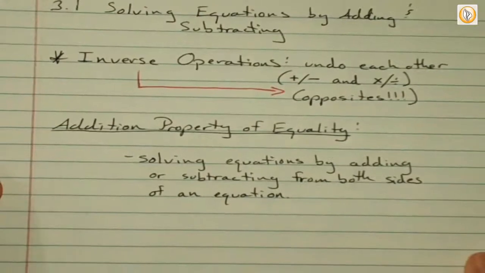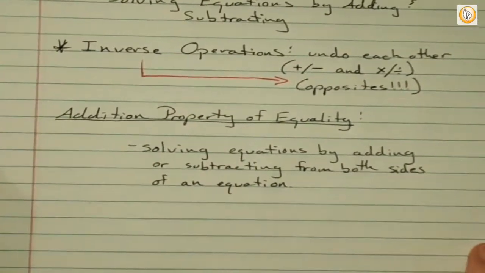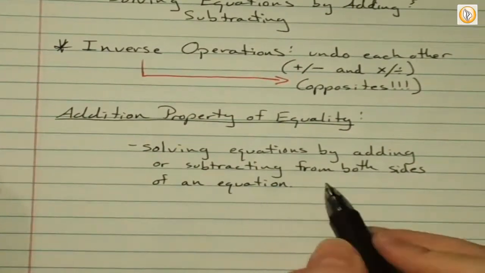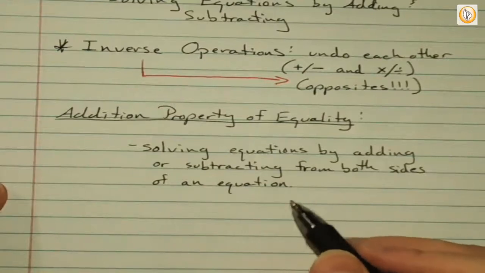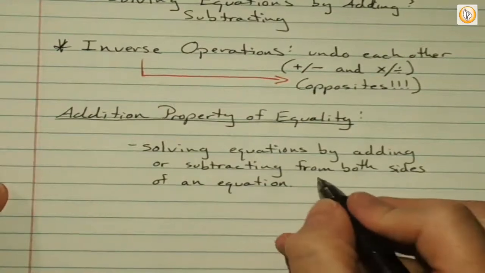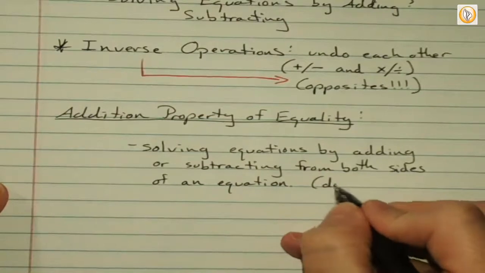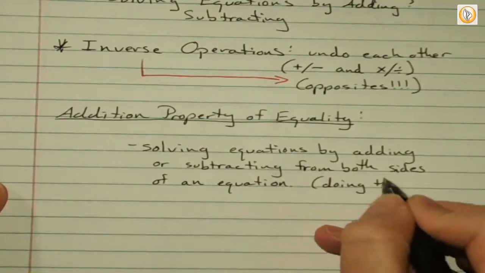That's the property. Addition property of equality is you're solving equations by adding or subtracting from both sides of the equation. You're doing the opposite.